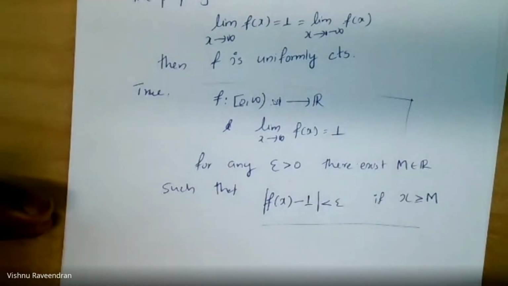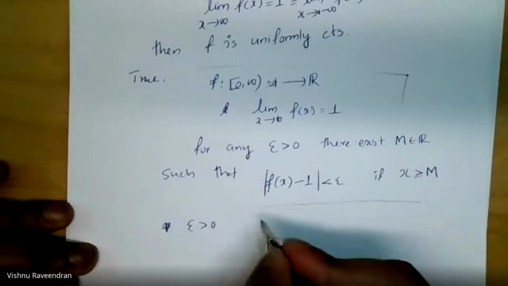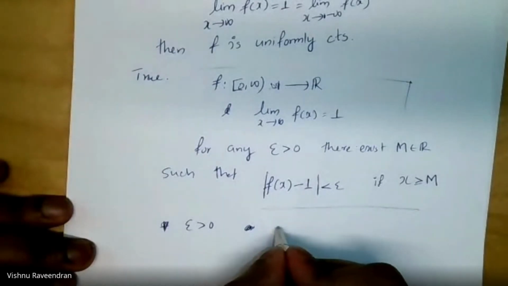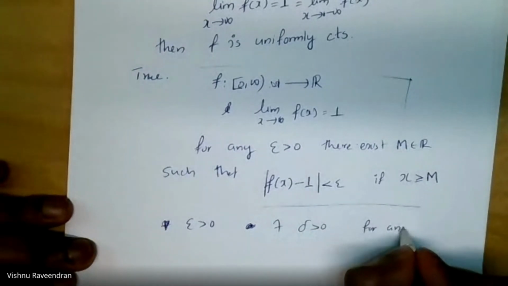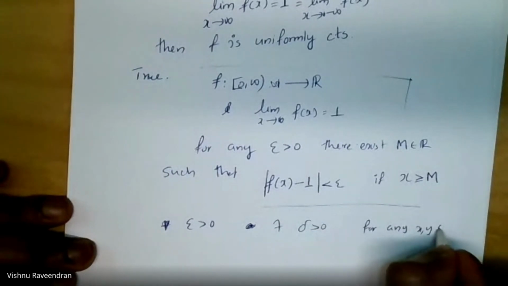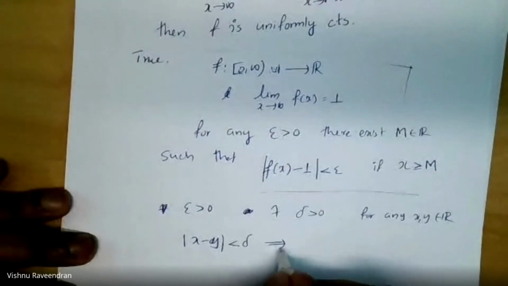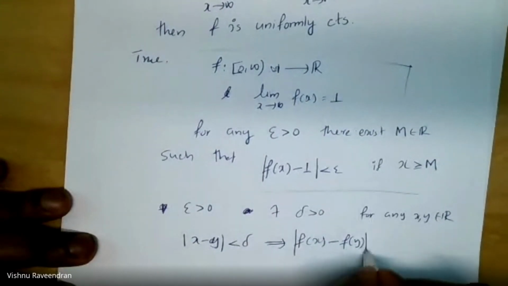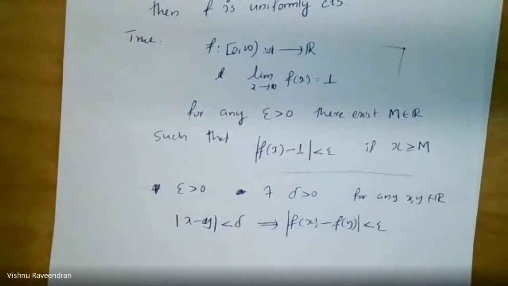What do we need to prove here? We need to prove that for any epsilon greater than 0, there exists delta greater than 0 such that for any x, y in R, absolute value of x minus y less than delta implies absolute value of f of x minus f of y less than epsilon. That is the definition of uniform continuity.